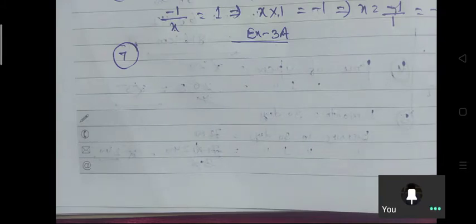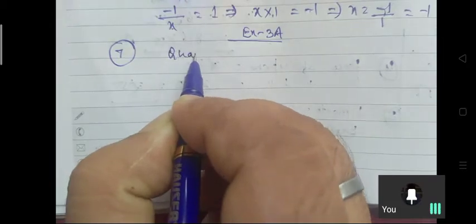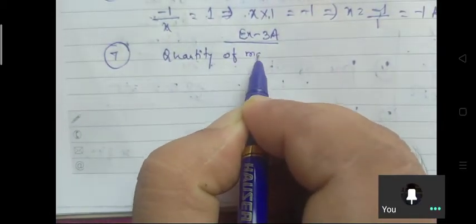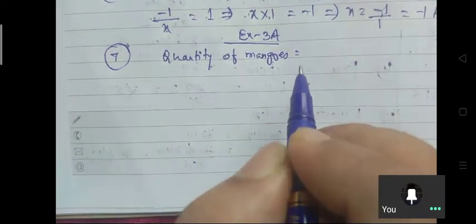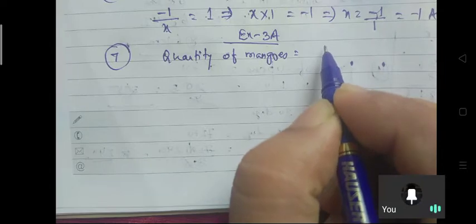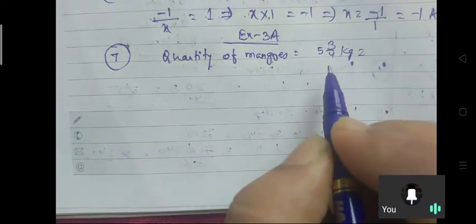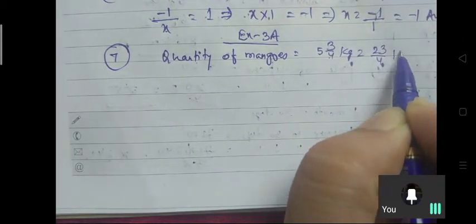So quantity of mangoes bought is 5 whole 3 by 4 kg, right? Yes. We will write quantity of mango. How much? It is 5 whole 3 by 4 kg. 5 whole 3 by 4 kg means 5 fours are 20 plus 3, 23 by 4 kg.